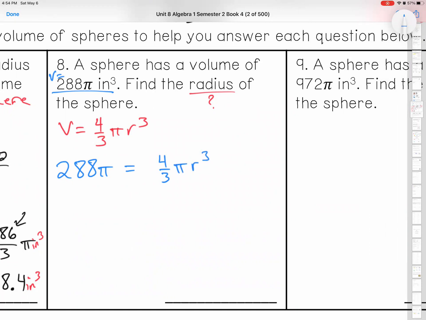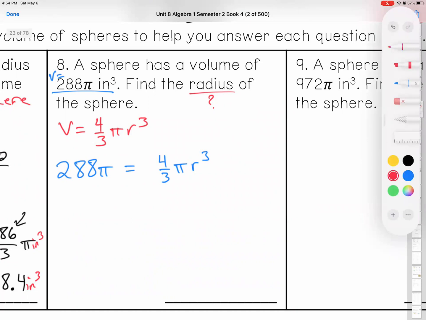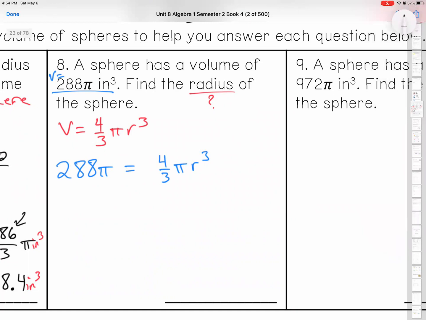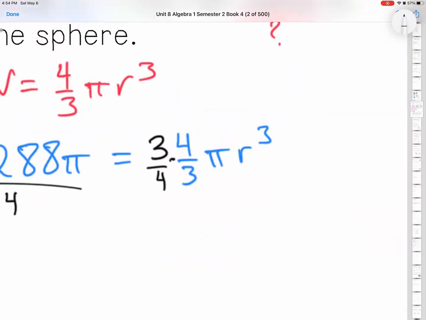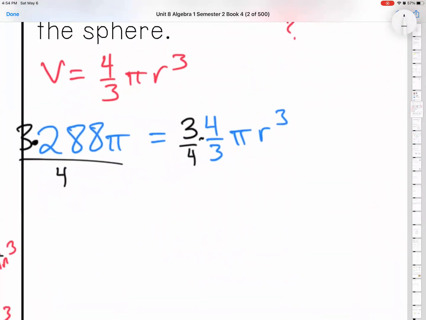Now what we can go ahead and do is kind of like the cone. We're going to multiply both sides by 3, and we can also at the same time divide by 4. We call that the reciprocal. So we're multiplying by this guy's reciprocal, essentially just flipping the numbers, and doing that to both sides.